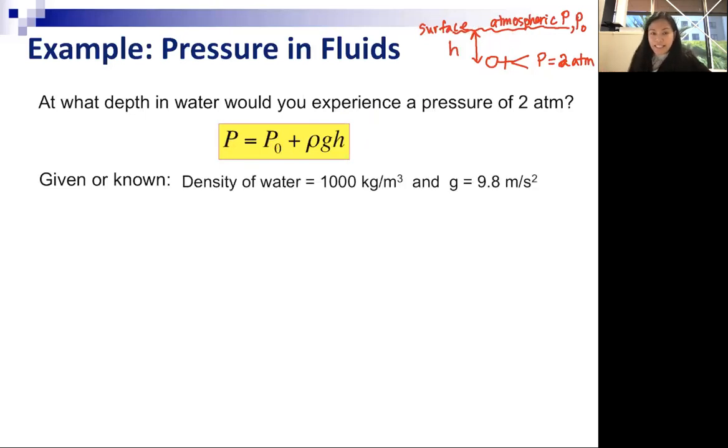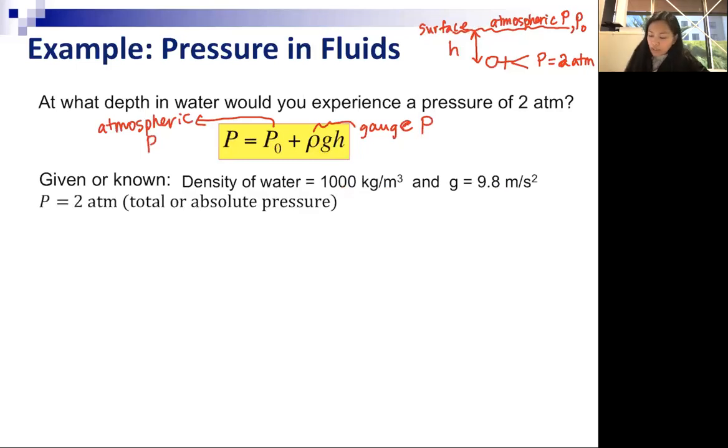We know the density of water is 1,000 kilograms per cubic meter, and gravitational acceleration is 9.8 meters per second squared. Why do we need these values? We need them for finding the gauge pressure. Remember, this bit is the gauge pressure, and this bit here is the atmospheric pressure. So we need the density of the water, the fluid, and the gravitational acceleration in order to find the gauge pressure. And then we're also given the total pressure.